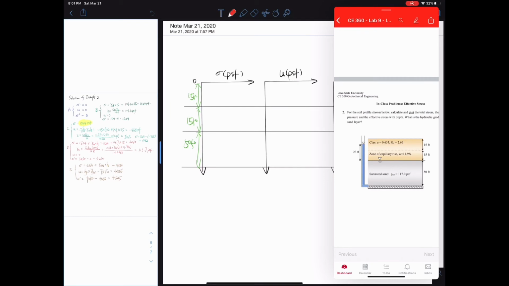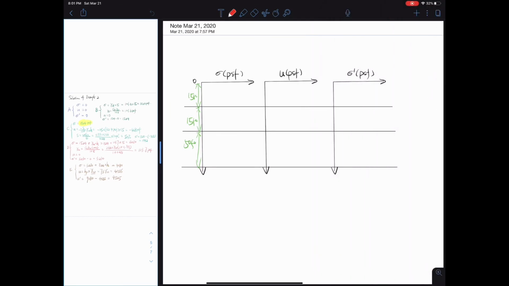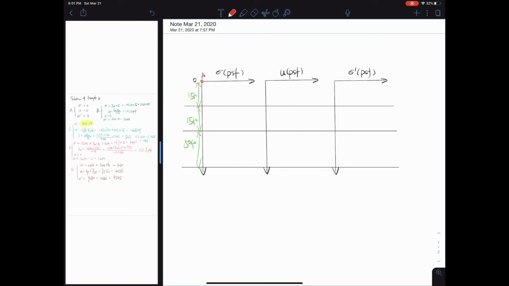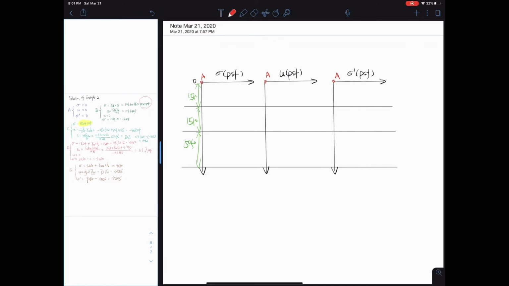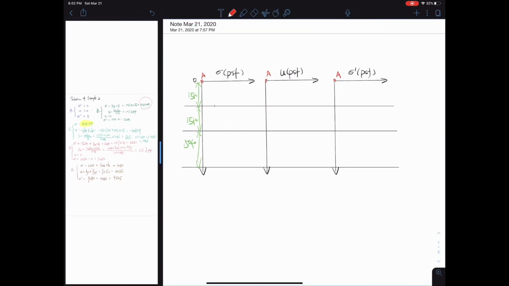Okay, then we are going to plot our answers in these three coordinates here. Let's start with point A. Point A should be all 0. Then let's move on to point B. The total stress of point B, we can get from here, is 1524.